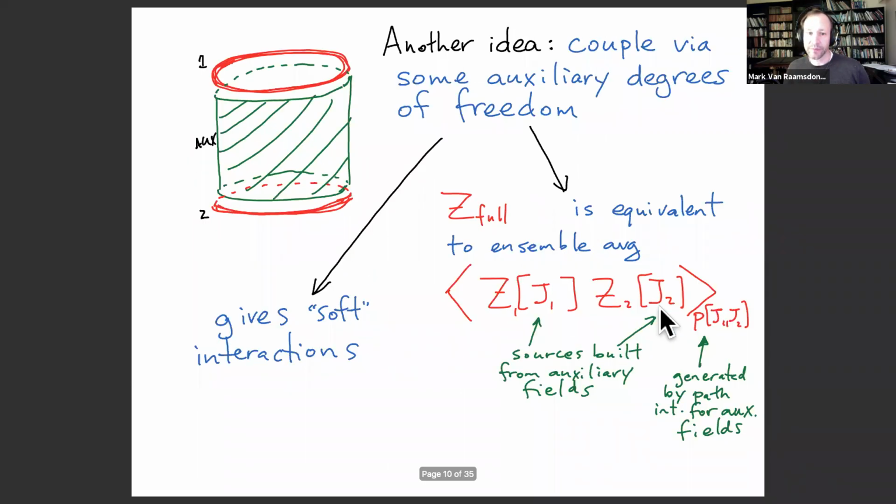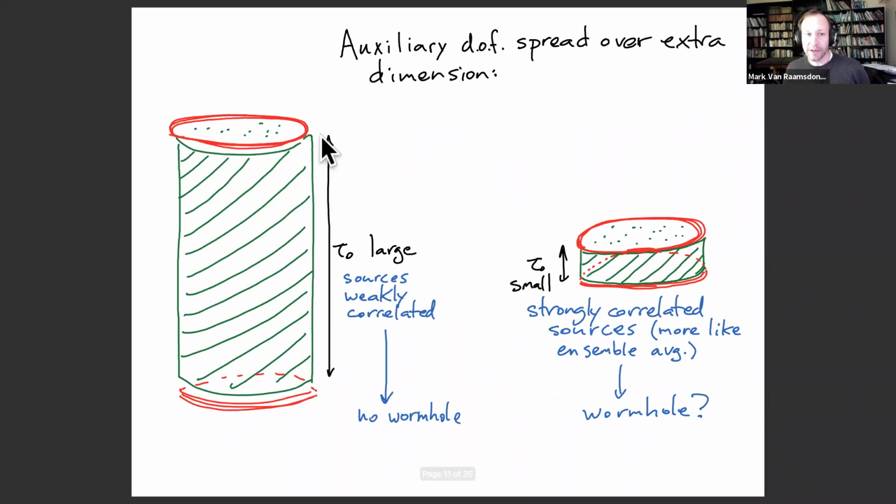And so one thing we can notice is that there's this parameter tau 0, which is how close the two sides are. If I have sources that are weakly correlated, so if this tau 0 parameter is large, then the green fields on the top boundary are only going to be weakly correlated with the fields on the bottom boundary.